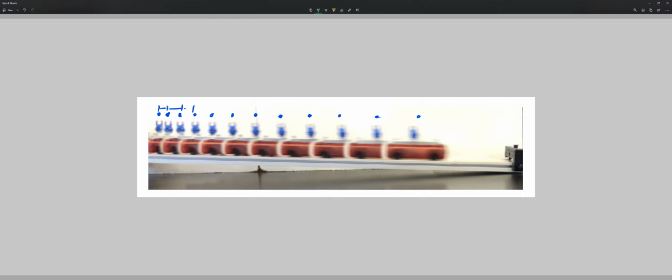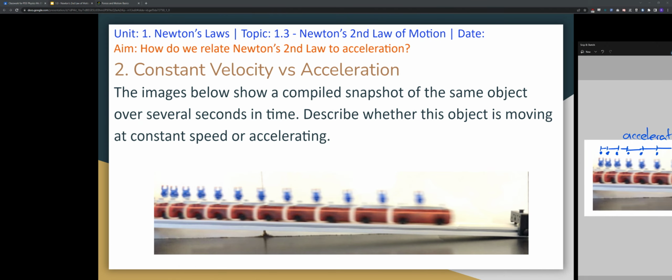And because it's traveling a greater distance, we can say that this object is accelerating. It's traveling a greater distance every second. It is accelerating.